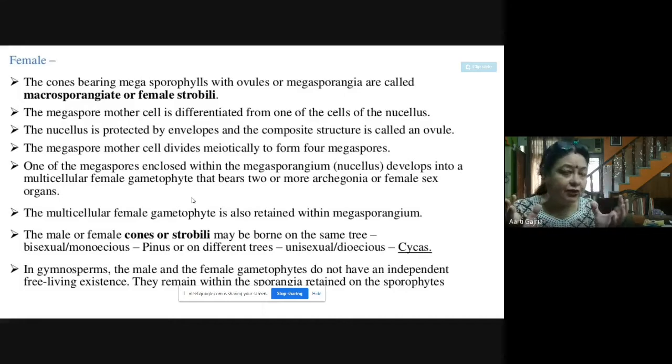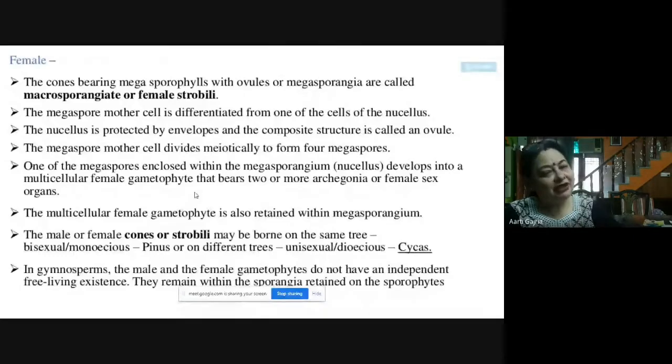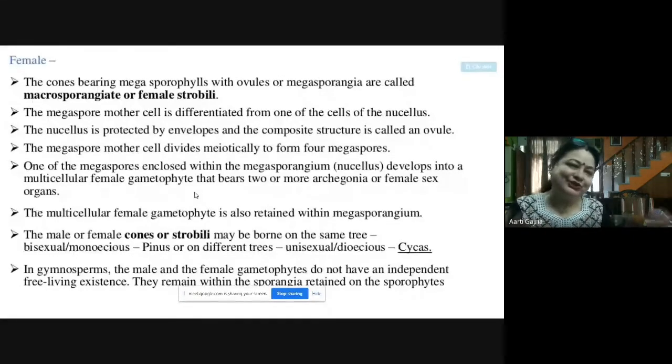What are archegonia? Archegonia are the female sex organs. The multicellular female gametophyte is also retained within the megasporangium. So this is also evolution, that the female gametophyte remains inside the megasporangium only.